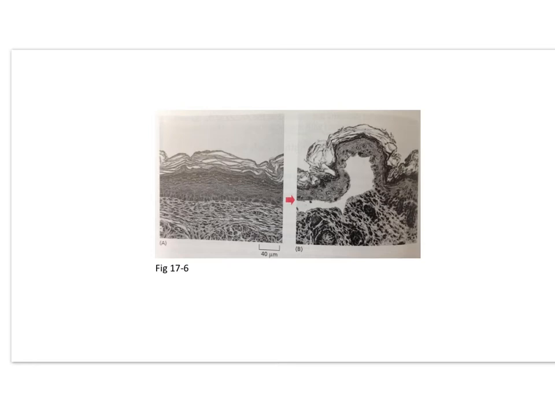Intermediate filaments are found in a variety of cells which are subjected to mechanical stress, and I want to talk about those briefly. So mechanical stress is high in the axons of nerve cells. Those thin extensions are fragile, and so they have a lot of mechanical stress.